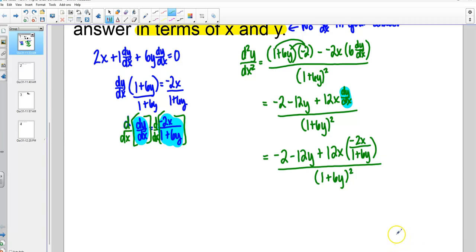Since this is a fraction, it's probably a good idea to put this over 1 right here, and we could put that stuff together. So I've got negative 2 minus 12y minus 24x squared over 1 plus 6y.